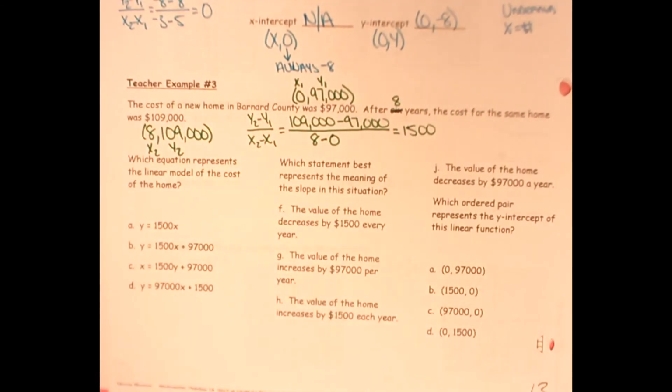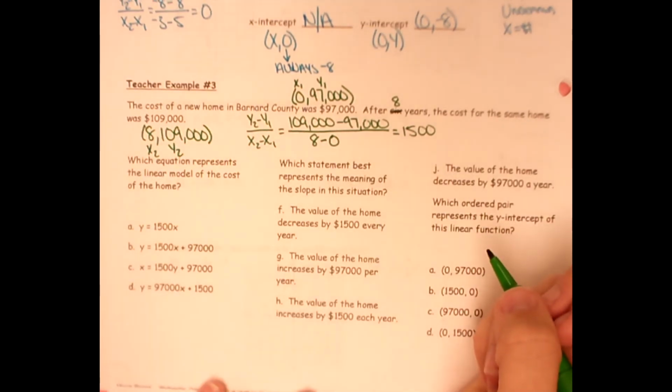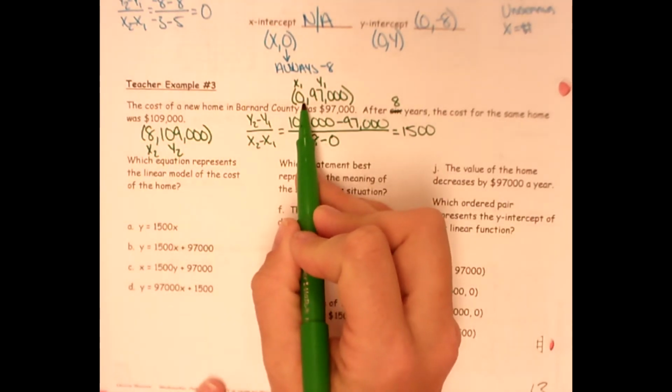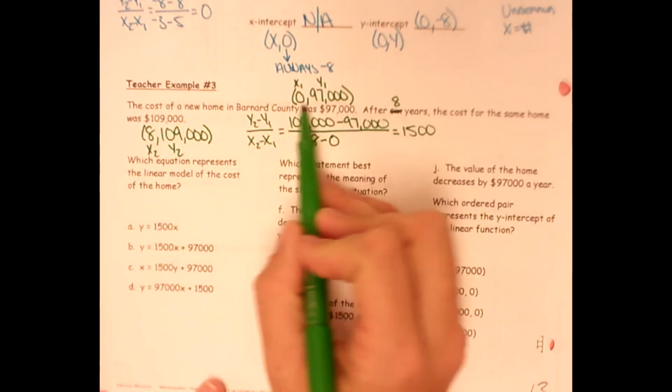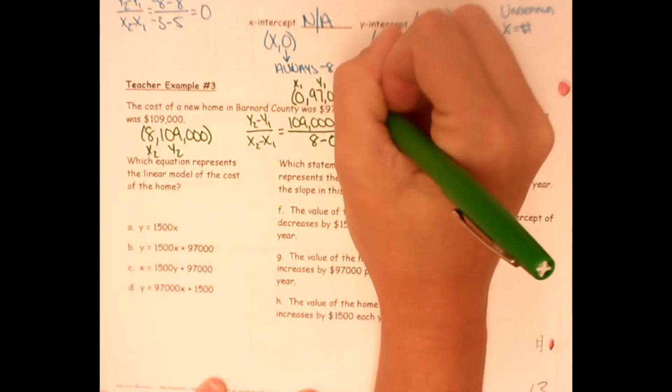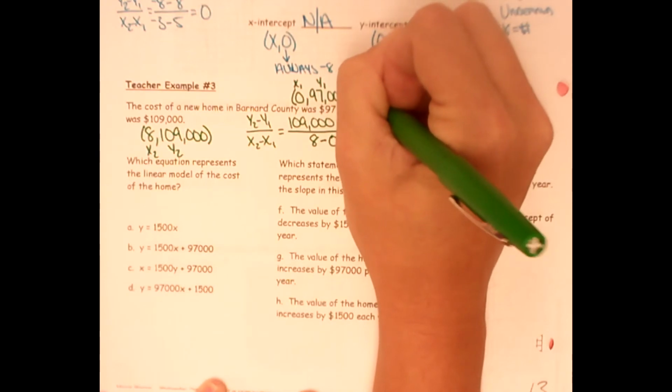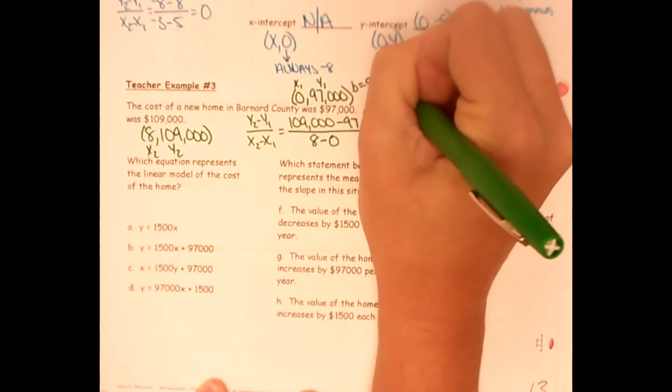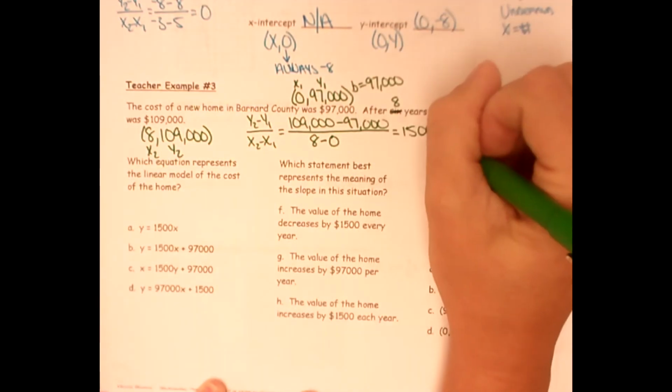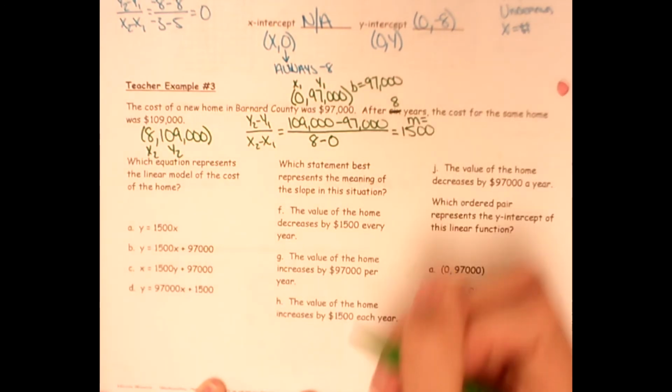All right? My slope is a positive 1,500. Now, we lucked out. We got the y-intercept. So remember, the y-intercept, the y value is your b. B is equal to $97,000. My m is equal to 1,500.